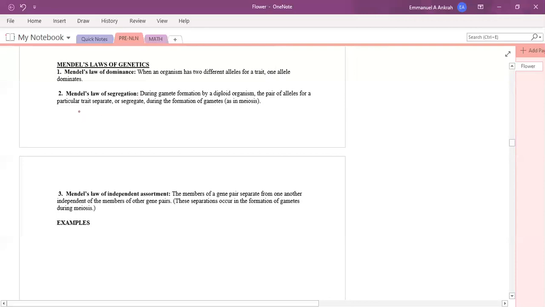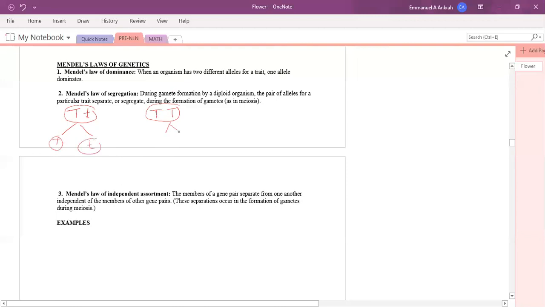So what he's saying is, let's say this individual is a man, and let's say the female is uppercase T. During gamete formation, the genes separate into different gametes. So one sperm has this, and another sperm will have that.